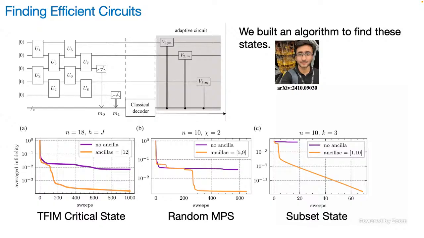What is the depth of the adaptive circuit? So here, sweeps is just optimization sweeps, yeah. So then what is the depth of the actual adaptive circuit? The depth of the circuit, I don't remember off the top of my head. I could look at it, but it's tuned to be enough to build the state. I don't remember what these different depths are, but they're fixed.